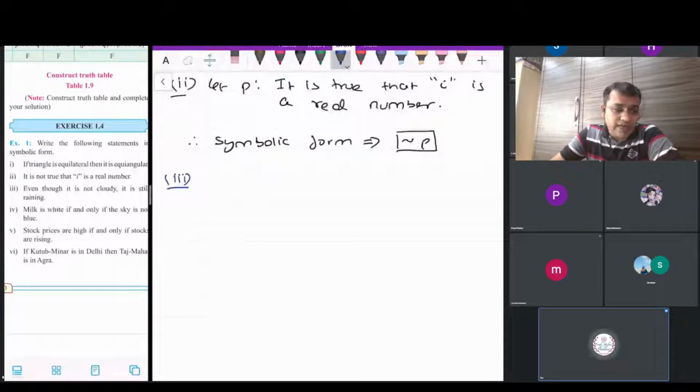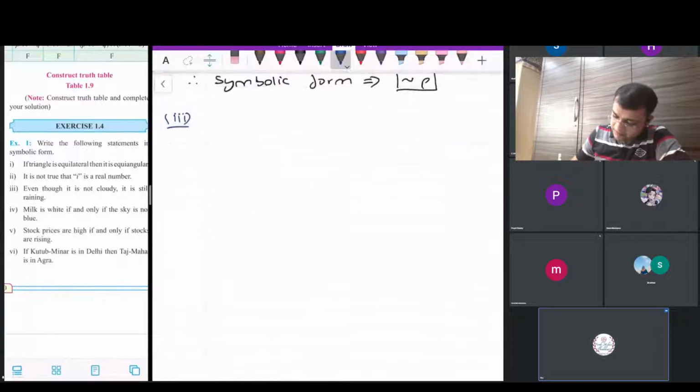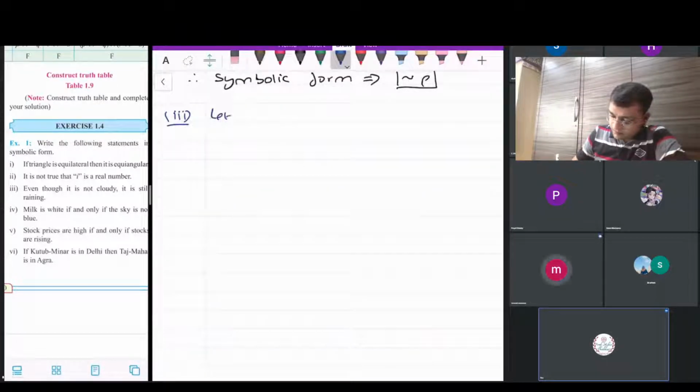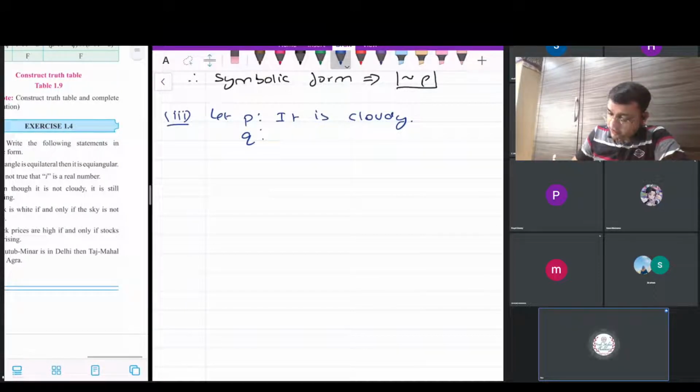So how do we write it? We will consider P over here is that, yes, P denotes it is cloudy. Q over there denotes it is raining, or it is still raining, is okay.